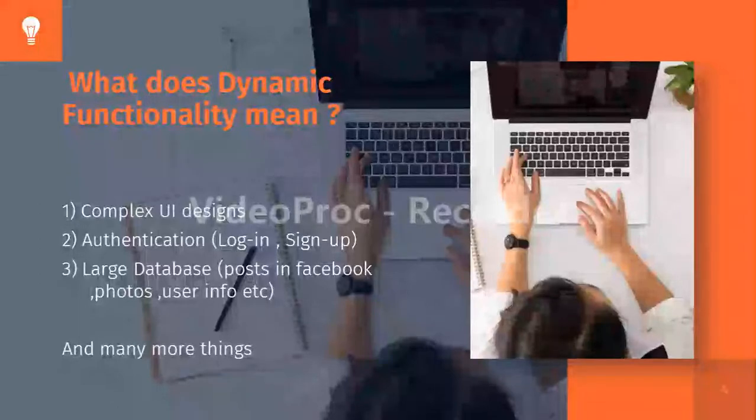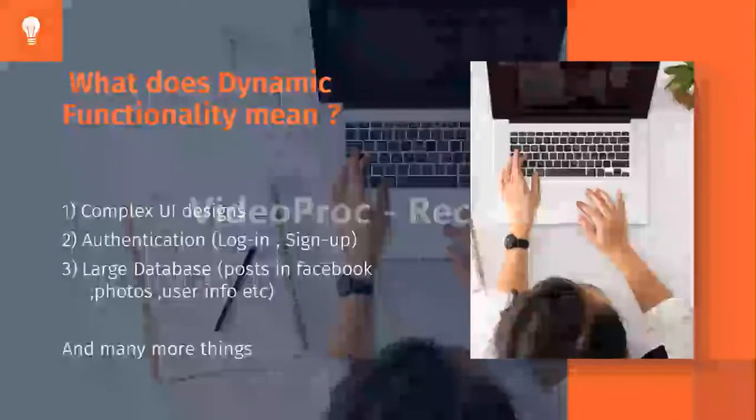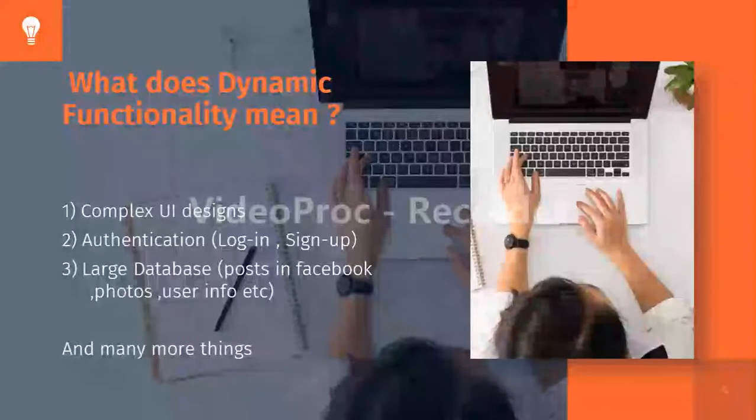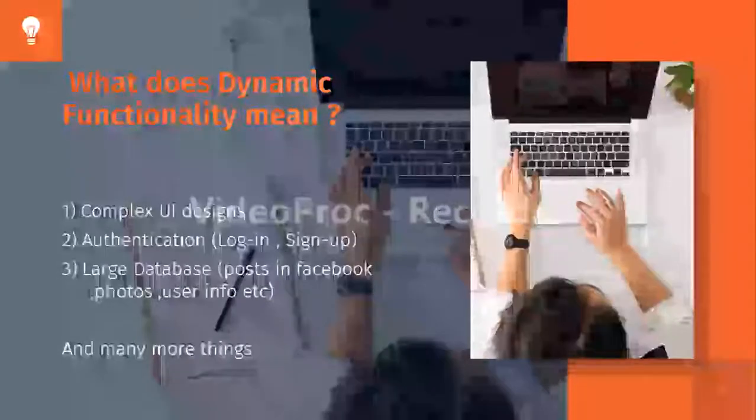Also you can see in the second point that there is a login and sign up, means there is an authentication system to it. Large database. You can also compare it to Facebook. Like they have all the photos and user info. It's all stored in a database, right?